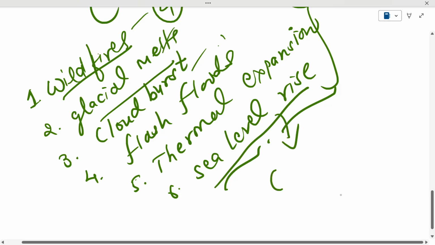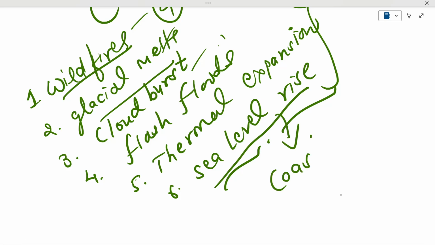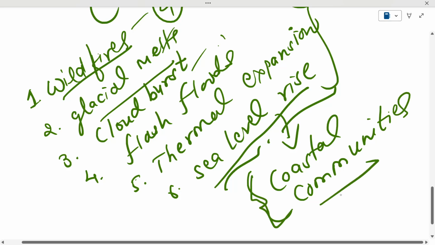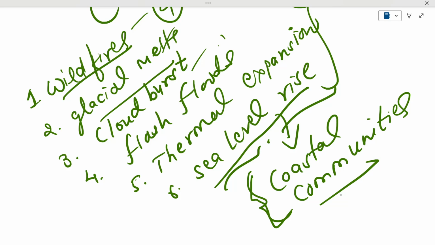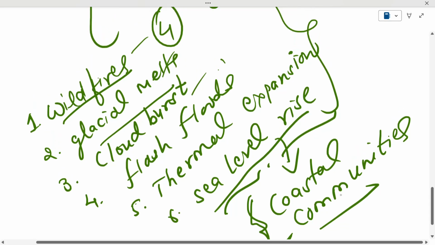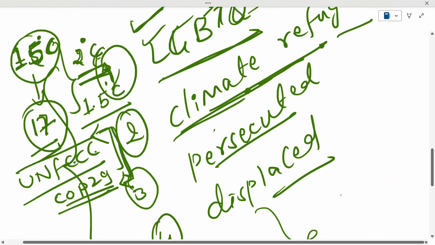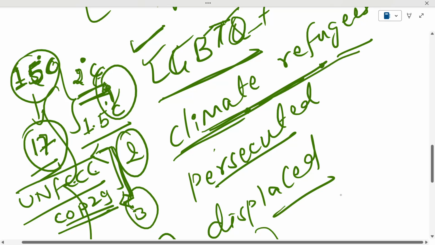Many small coastal communities, when the sea level rose, had to move their houses. They had to move their families somewhere safe. The people who suffered from all such impacts are known as climate refugees.